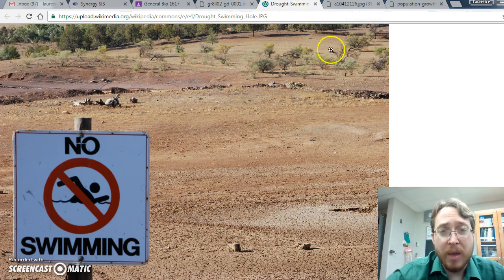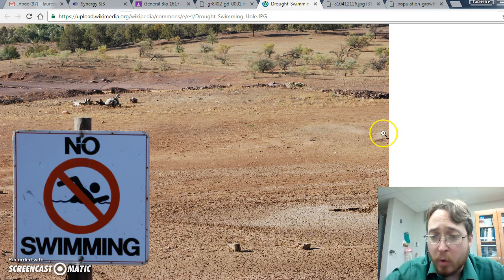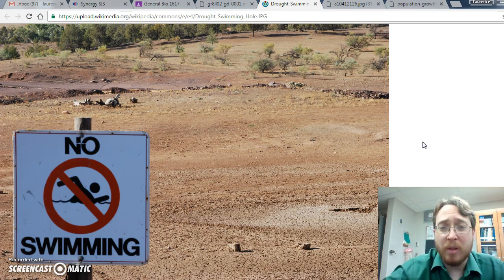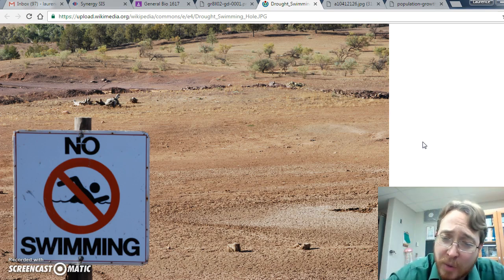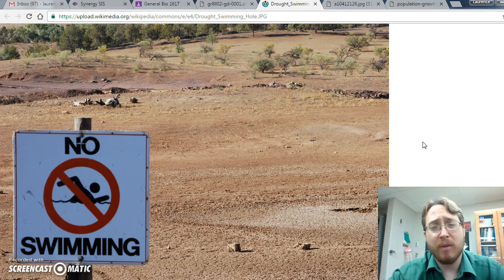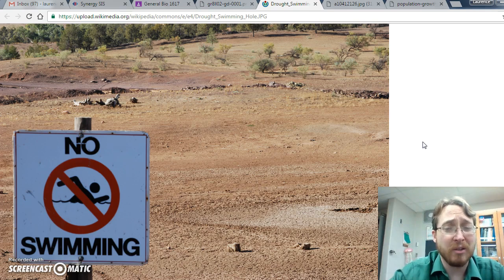Right here, we had 6 deer, but if the area undergoes a drought or something happens to its resources, then there's no longer enough water. Those deer have to compete with each other for water, and not all of them can get enough, so some of those deer die.